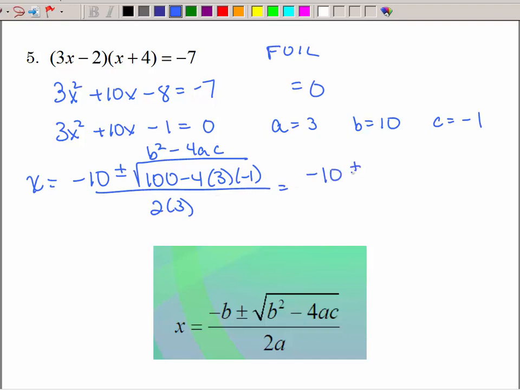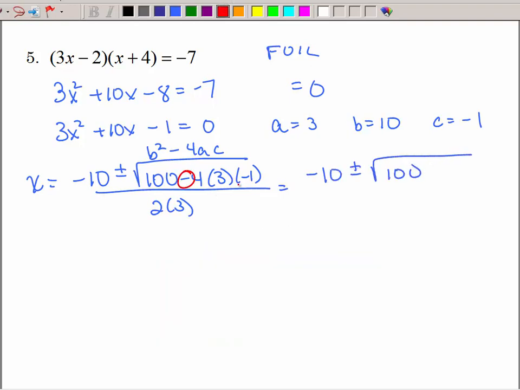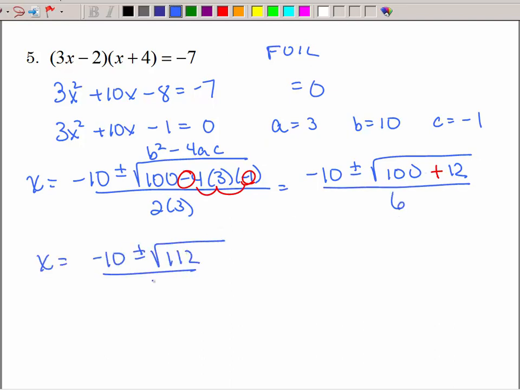Okay, so just a lot of arithmetic. So here we have two negatives again, so that's going to be plus, and 4 times 3 times 1 is 12. So 100 plus 12 is 112.